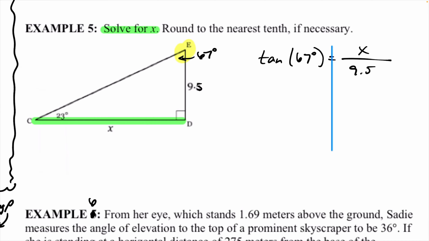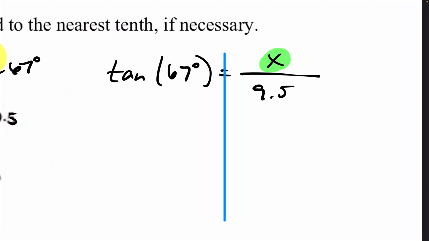How do I get X by itself? X is up here. How do I get that guy by itself? I can add, subtract, multiply, or divide something. I'm going to multiply this one. Because isn't it being divided by 9.5? So the opposite, I want to get X by itself.